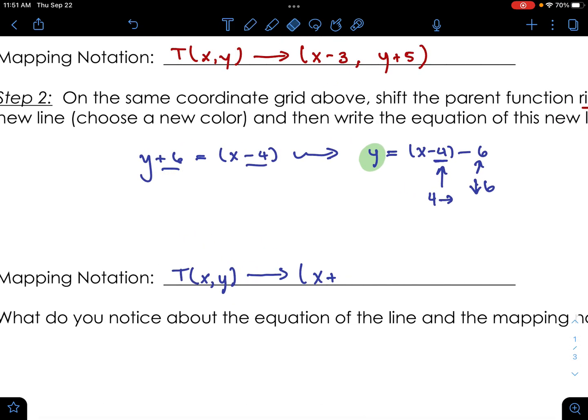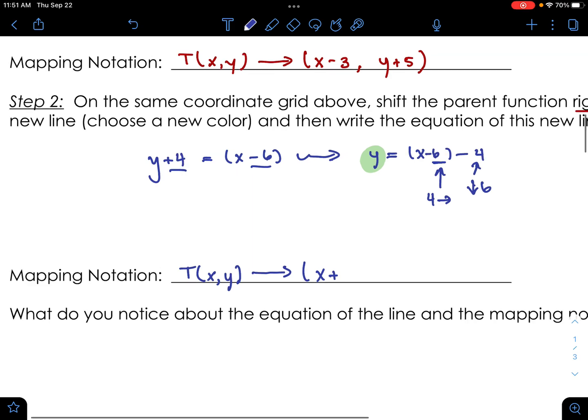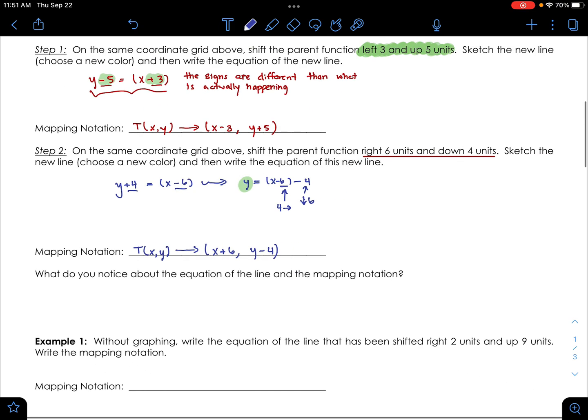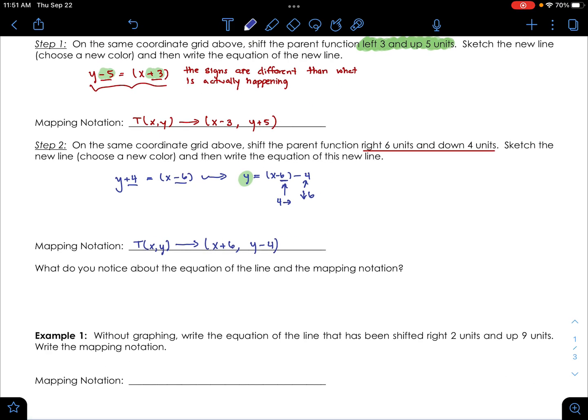This should be flipped. Because it's moving 6 to the right, it should say x plus 6 and y minus 4. And then that is your mapping notation for that equation.